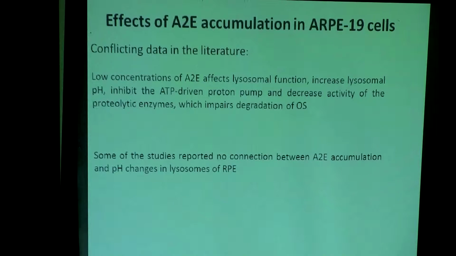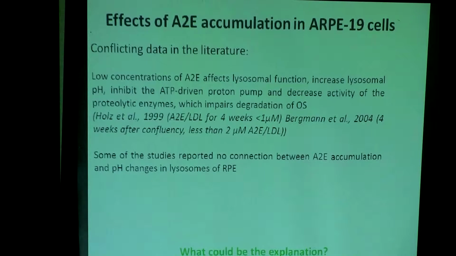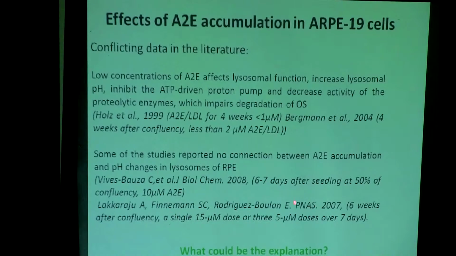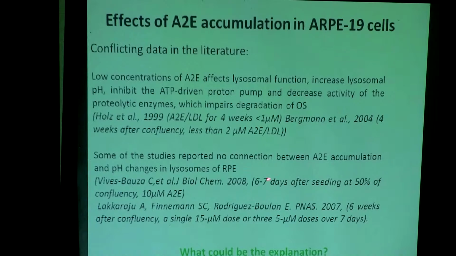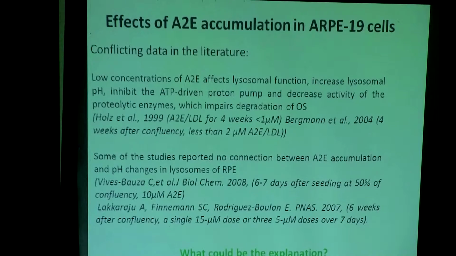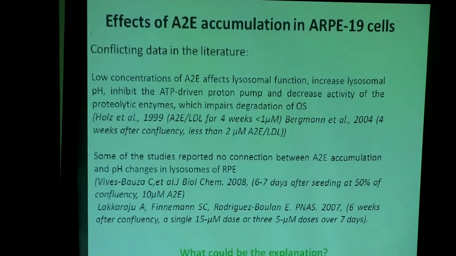But on the other side, some studies reported no connection between A2E accumulation and pH changes. What could be the explanation? If you look at the details of the studies, we can see that where people see no connection, it's a much higher concentration of A2E. And as I already said, most probably you have other effects than the lysosomal effect.